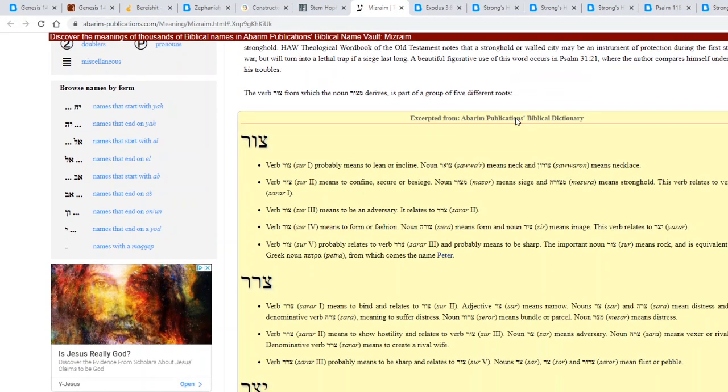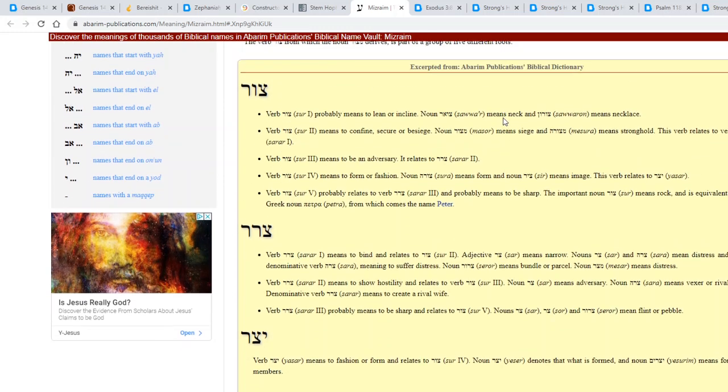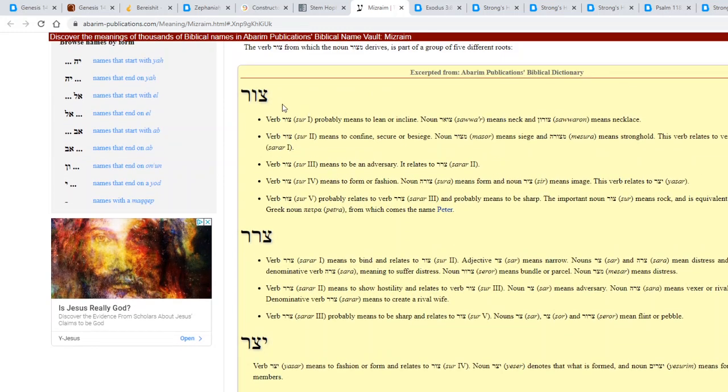So let's look at words which are similar to Mitzrayim. So Tzur, which means to lean or incline, confine, secure, besiege. Tzorer is an adversary. It means to form something or to fashion something.